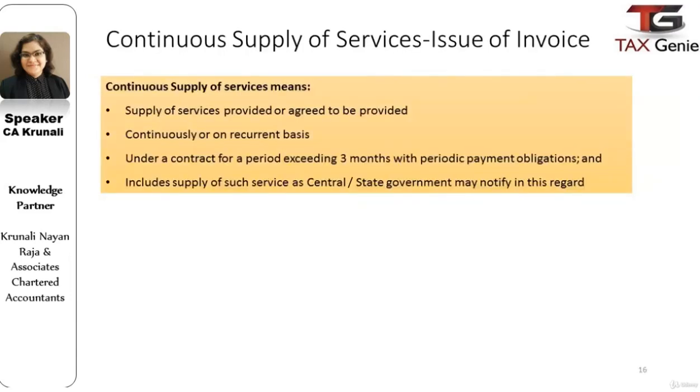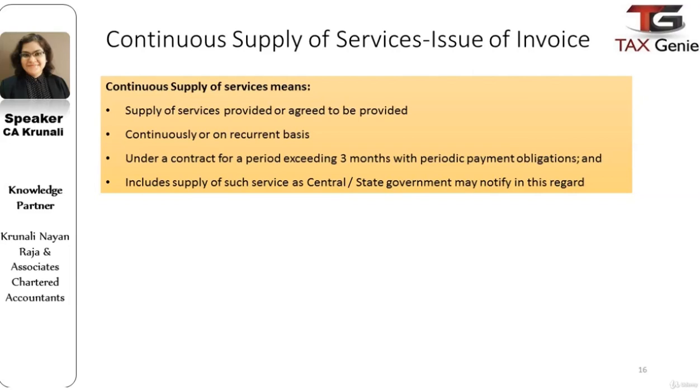Now let us discuss the time of supply in case of continuous supply of services and the invoice is issued. But before we move on to discuss the time of supply, let us understand what do you mean by the term continuous supply of service.